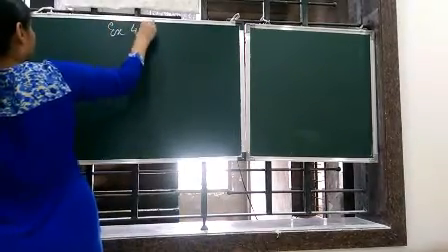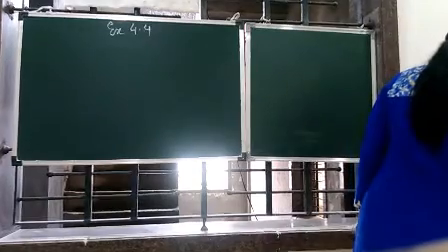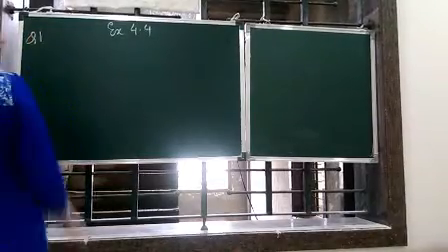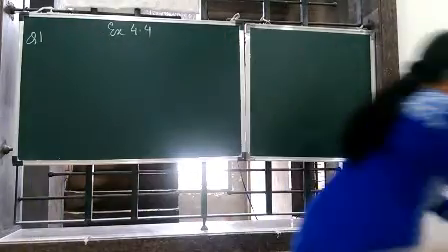Exercise 4.4. Set up equation and solve them. So we have to set up an equation and we have to solve the equation. So the first one, let me write the first statement.